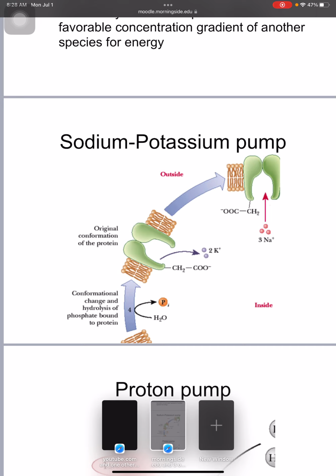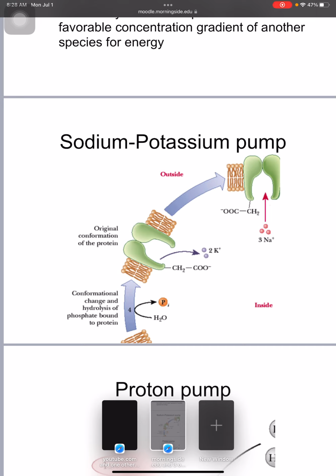it changes its conformation. And so you can see the little tooth shape is actually inverted now, so that the roots of the tooth are pointed on the outside instead of the inside. And that allows those sodiums to be sort of dropped off on the outside. Okay? While it's in that shape, it then picks up 2 potassiums from the outside.